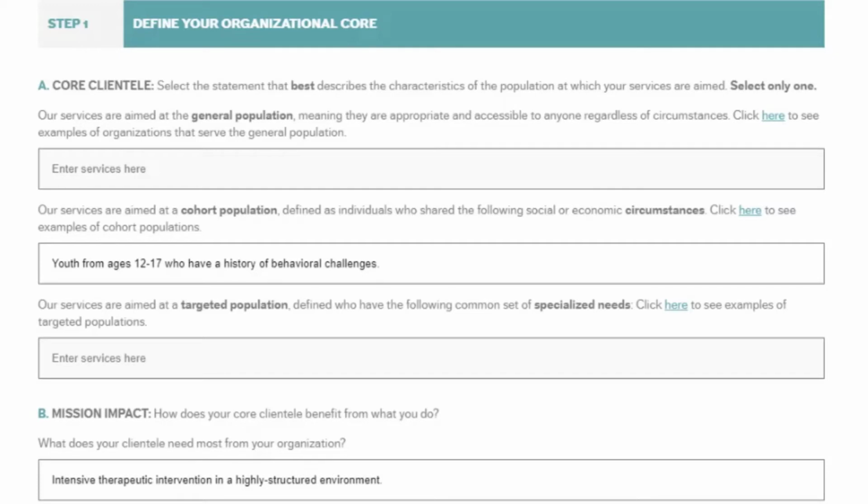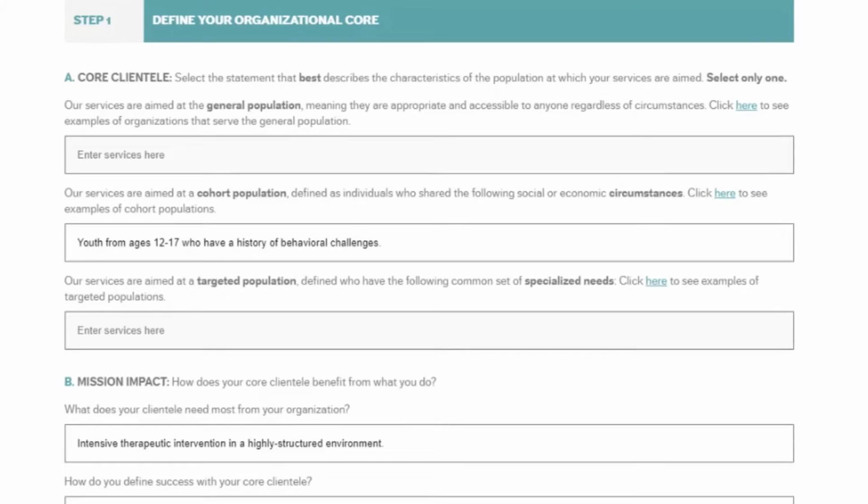And so they serve a population of youth from age 12 to 17 who have a history of behavioral challenges. So they may have been through the court systems, they may have been expelled from school, but that's the circumstances that they have in common. A targeted population would be a group that have a set of specialized needs that require ongoing specialized expertise and care throughout their lives. So again, for the OASIS, we've selected the cohort population and then described that group.